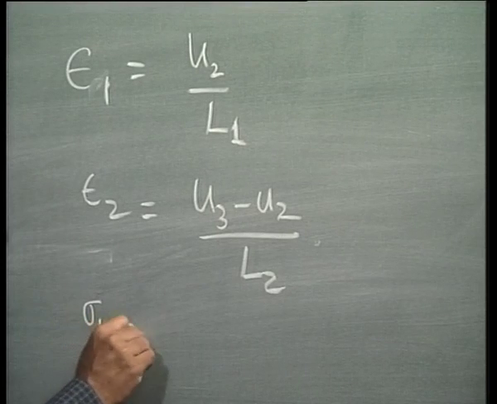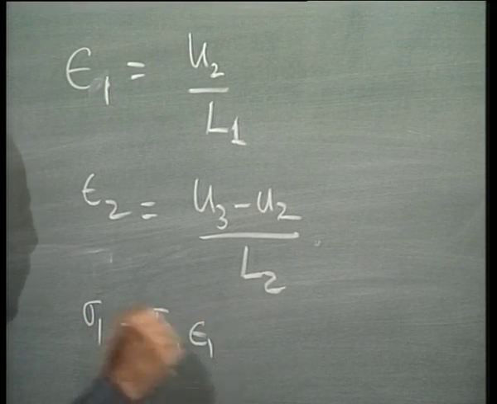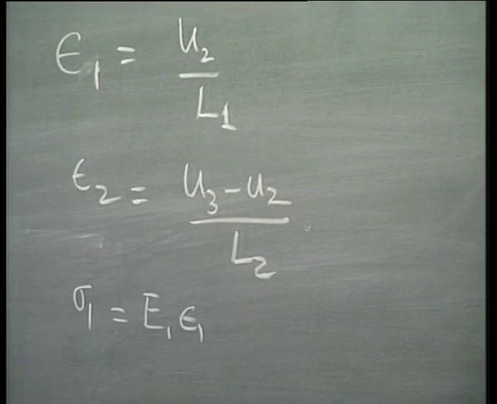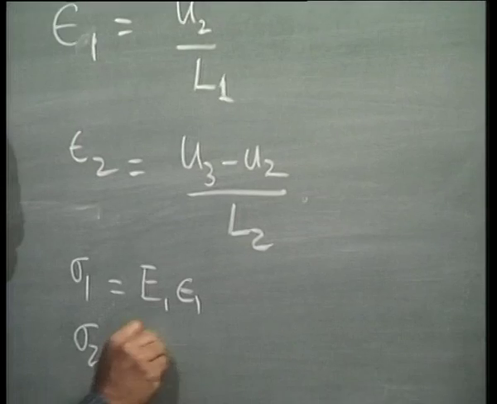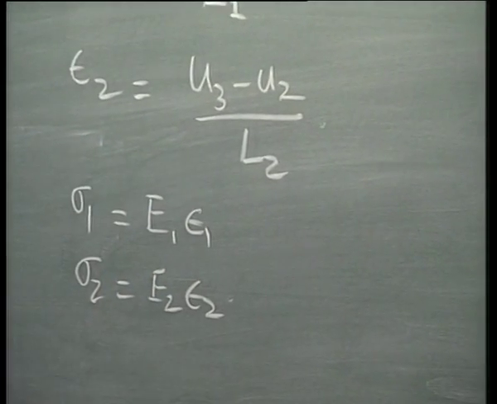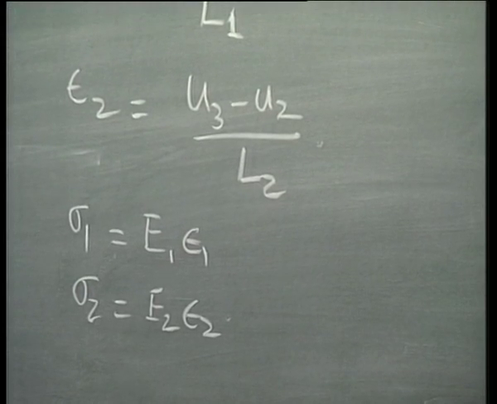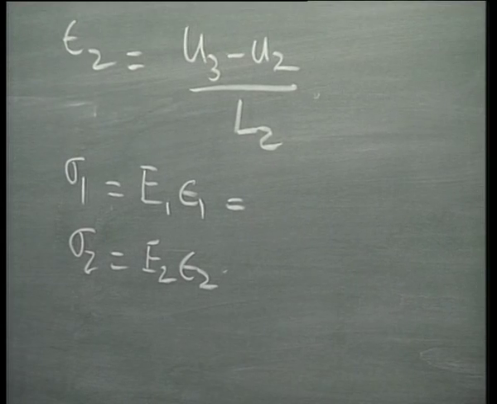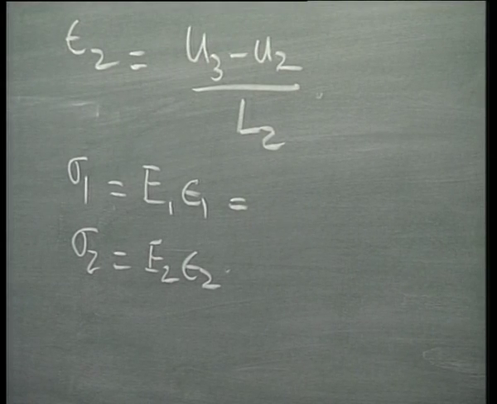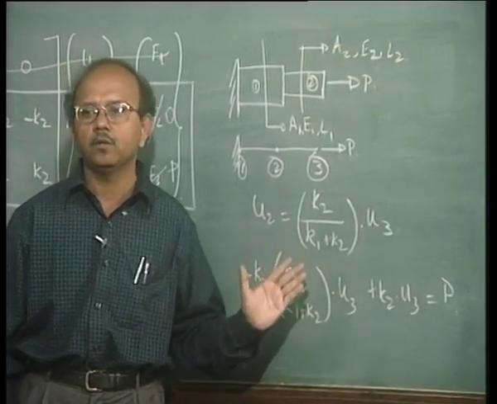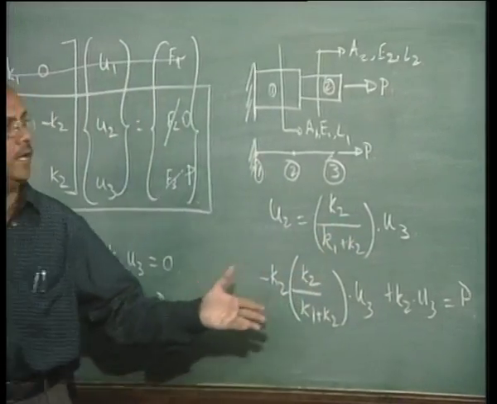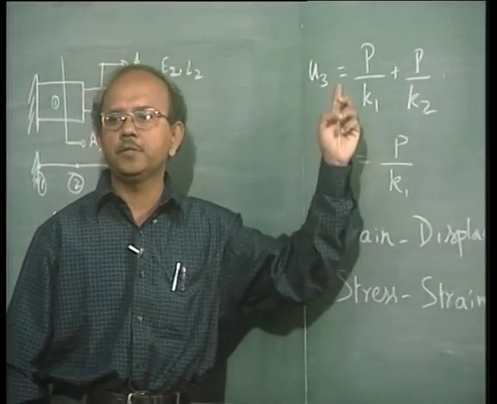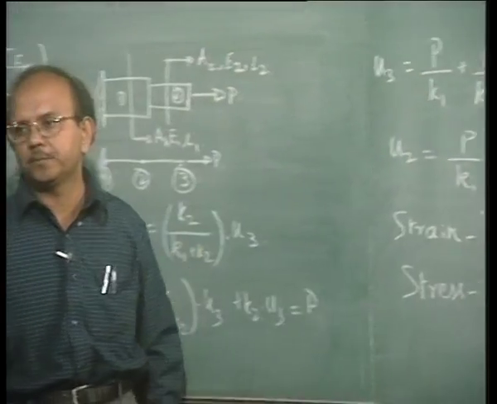For this problem, sigma 1 is equal to E1 epsilon 1 and sigma 2 is equal to E2 epsilon 2, which on simplifying, by substituting the values for u2 and u3 from whatever we have derived here, and substituting for k1 and k2, are very straightforward substitutions.